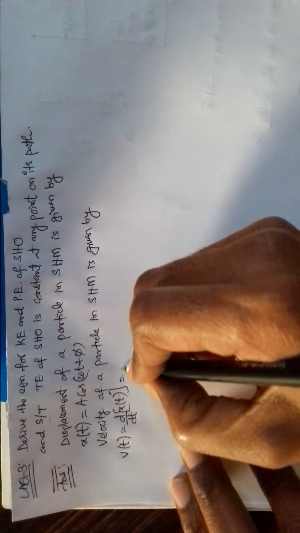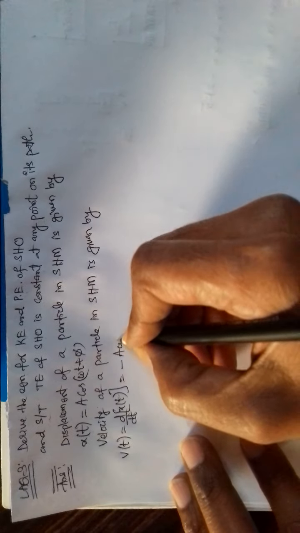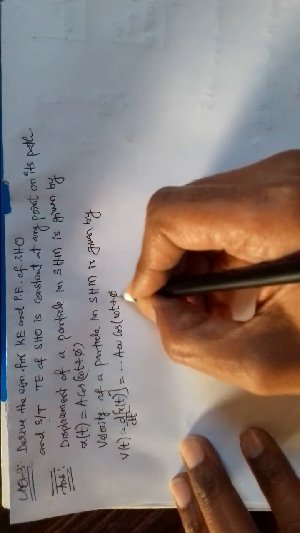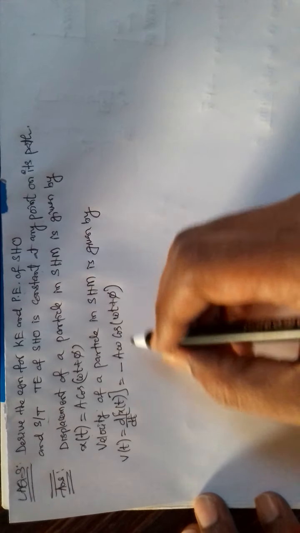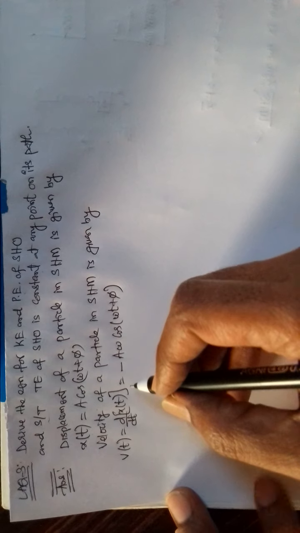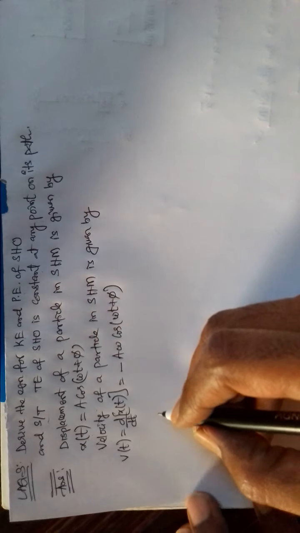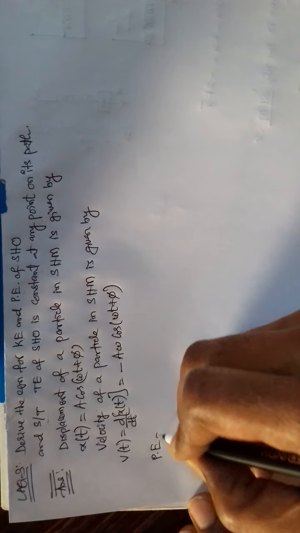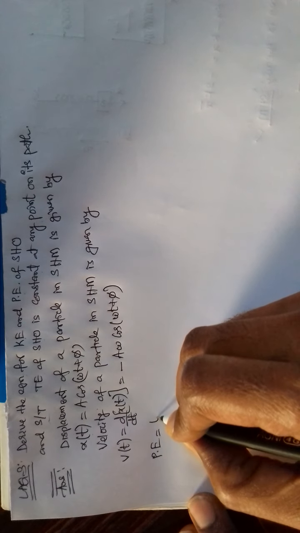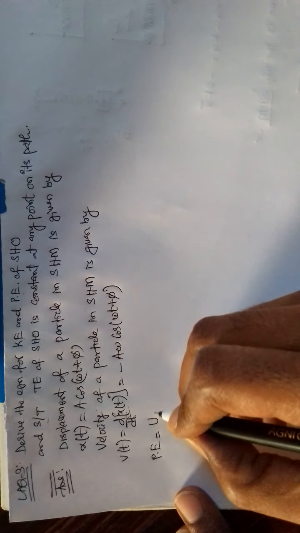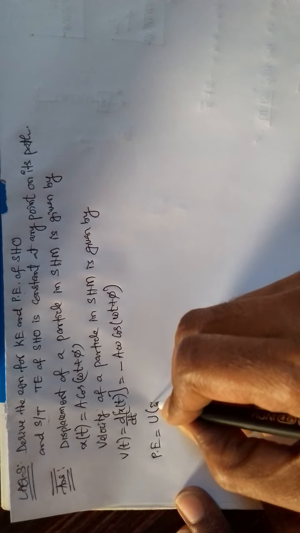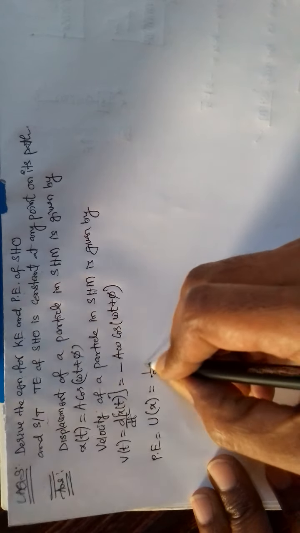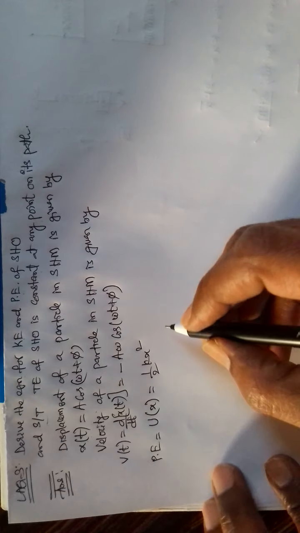We get expression for velocity. Now first we want, suppose, potential energy. This is represented by U, and U as a function of x is 1 by 2 kx square.